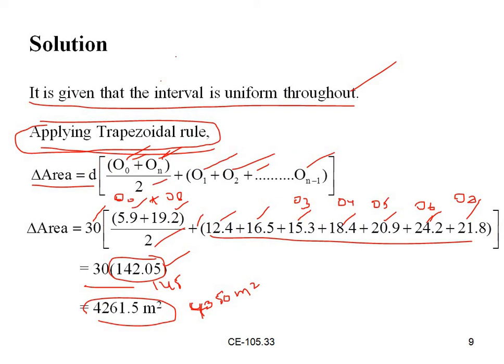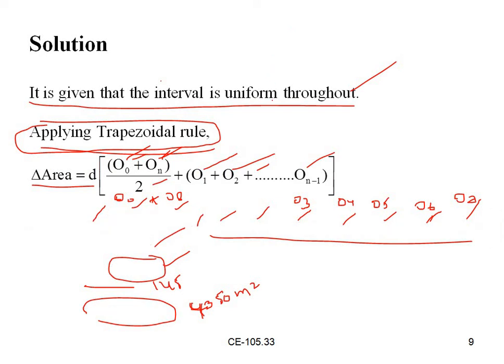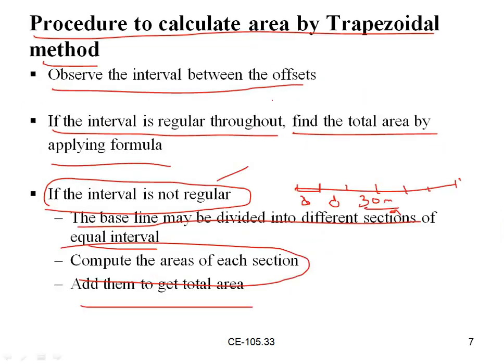So we have now seen the average ordinate rule and the trapezoidal rule. These two methods are used for the calculation of irregular areas.